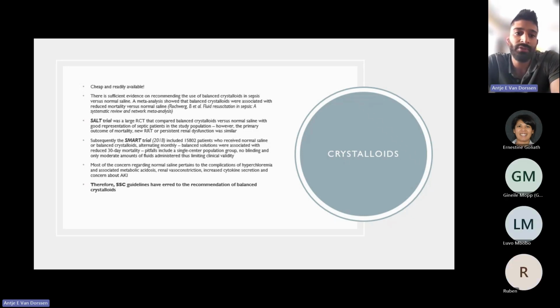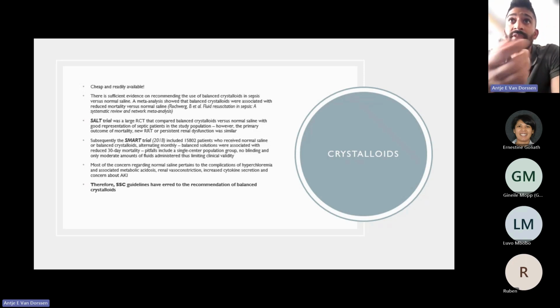And there is sufficient evidence on recommending the use of balanced crystalloids in sepsis over normal saline. There was a meta-analysis that showed that balanced crystalloids were associated with reduced mortality versus normal saline. There was also a trial called the SALT trial, which was a large randomized control study, which compared balanced crystalloids versus normal saline.